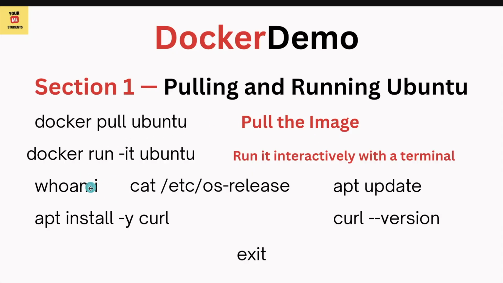These are the commands we are going to execute inside Ubuntu once we pull the image. I will show you how you can do this. This is our first motto for this section.